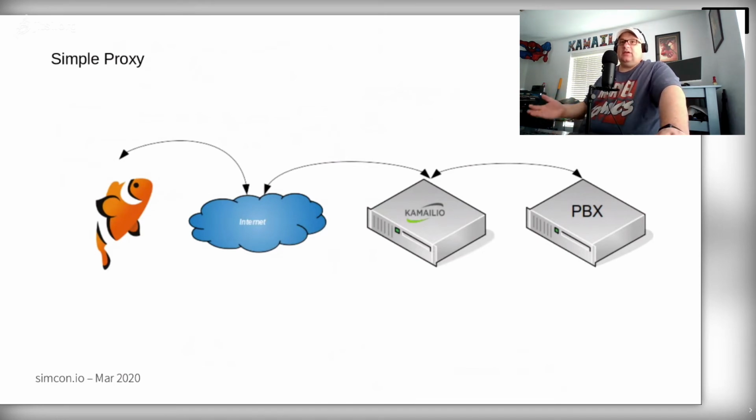If you've been on the internet, you know that your PBX is being attacked by unwanted people. So Kamailio can inspect some of these SIP packets, or all the SIP packets, and then make sure that the information that gets to your PBX is the one that it should receive, and block out all the others.